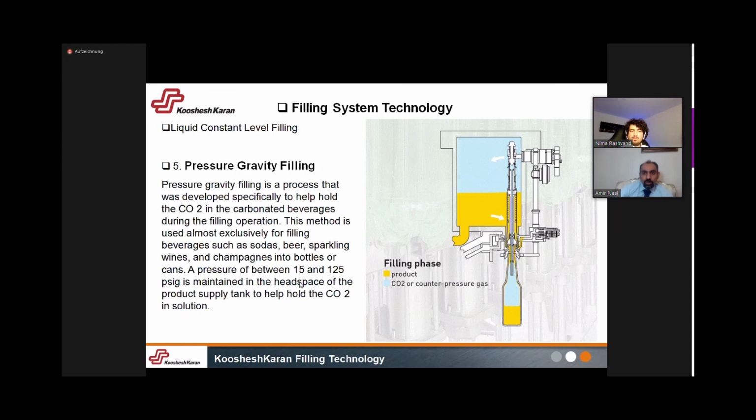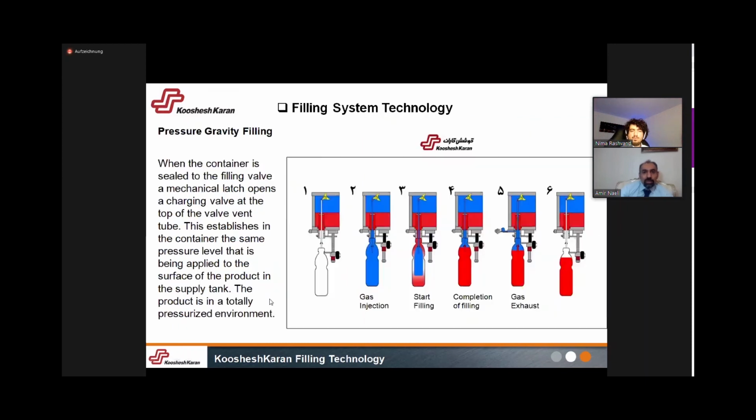When the container is sealed in the filling valve, a mechanical latch opens the charging valve at the top of the valve vent tube. As you see in this section, first the gas is injected into the bottle to the same pressure level that is being applied to the surface of the product in the supply tank.